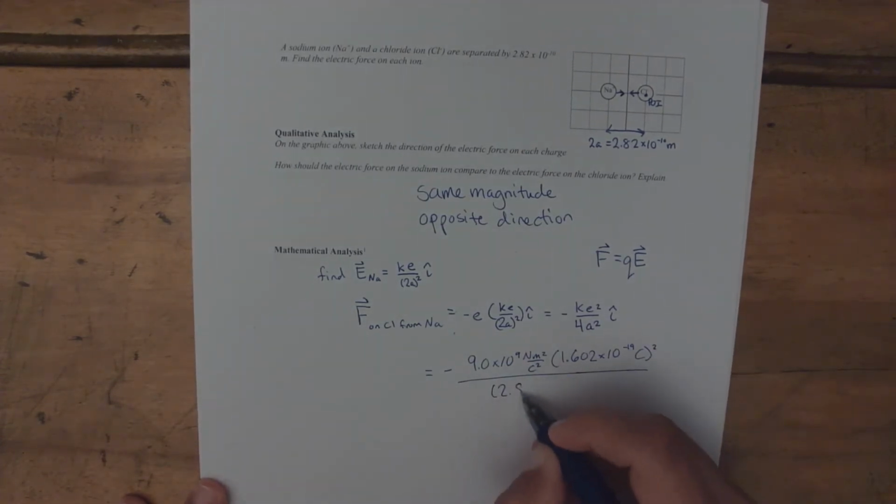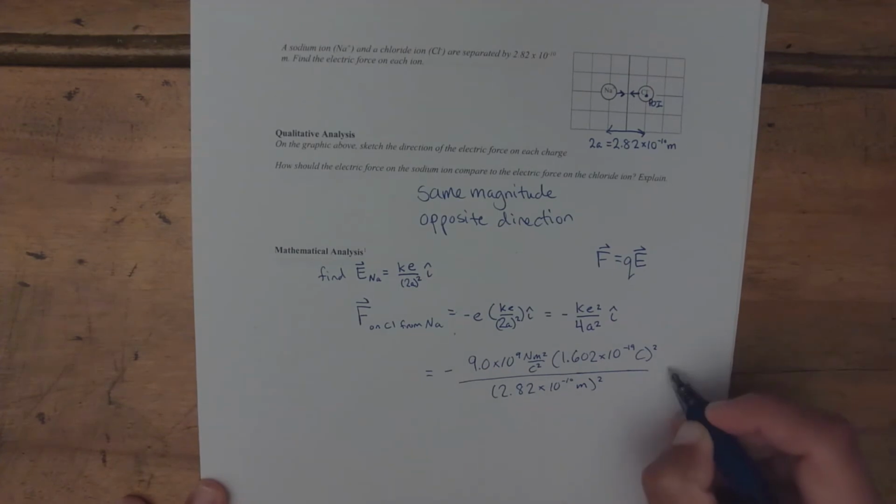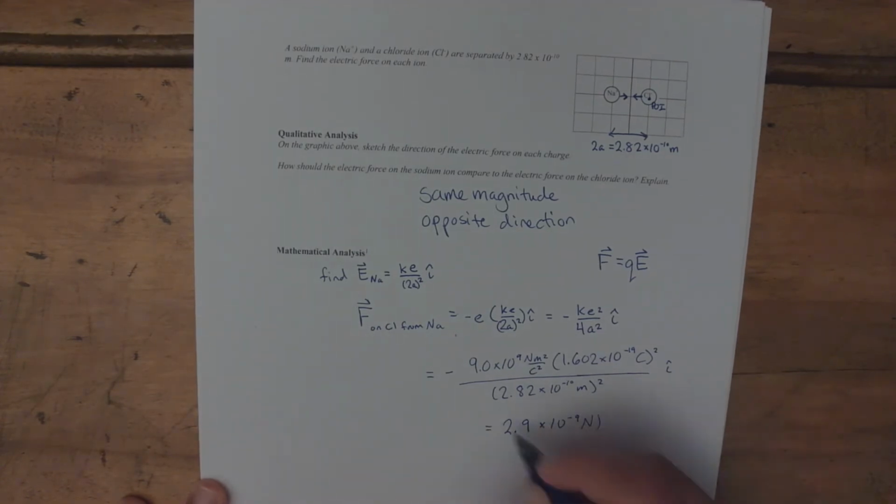And this is 2.82 times 10 to the negative 10th meter squared, pointed in the i hat direction. And when you calculate that, you should get, rounding to two significant figures, 2.9 times 10 to the negative 9th newtons in the i hat direction.